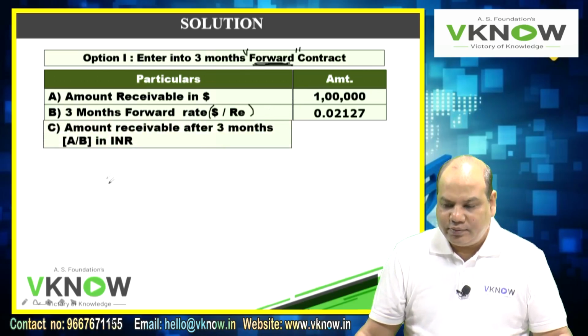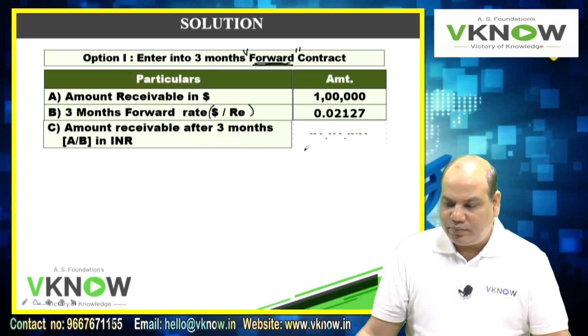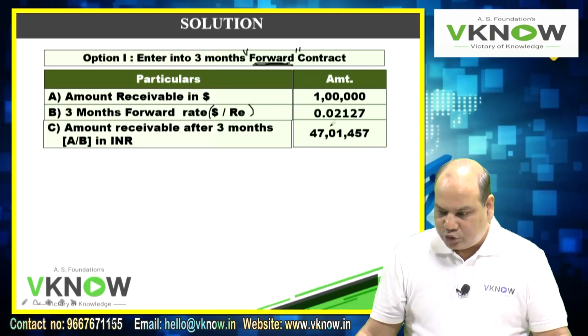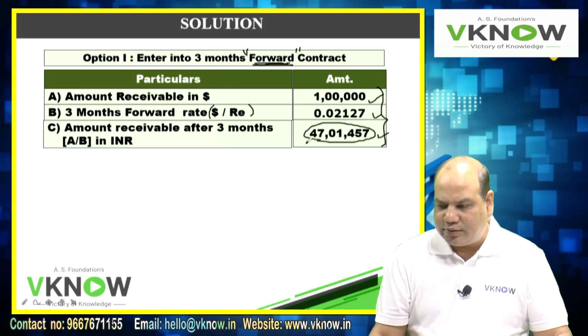You will divide amount receivable after 3 months in INR, A by B, 47,01,457. So this is the answer under forward. Dollar amount is given, rate is given, just convert it. This will be your inflow if you book a forward contract.